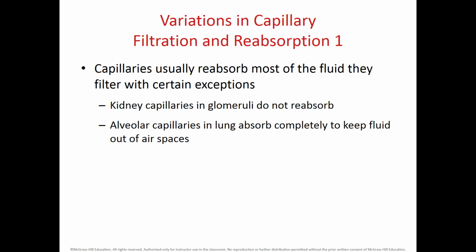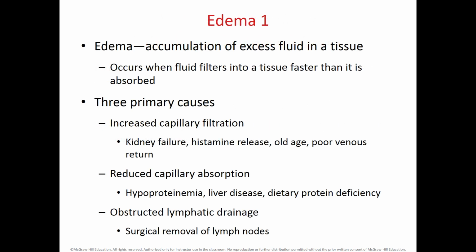So capillaries usually reabsorb most of the fluid that they filter, with certain exceptions, like in the case of the kidney capillaries, the glomeruli that don't reabsorb, or the alveoli that usually absorb more than they filter. And then when the absorption is not as good as the filtration, you can have accumulation of fluid that we know as edema.